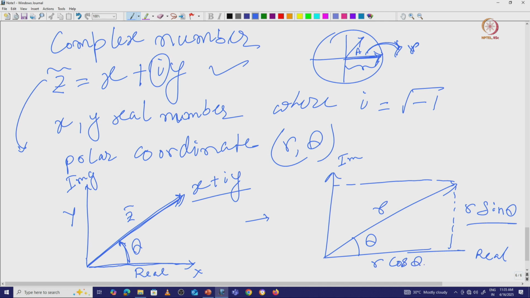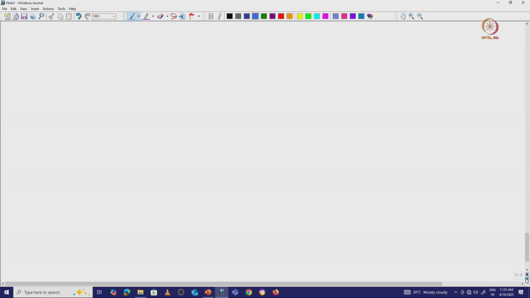Again, the y axis is the imaginary line and the x axis is the real coordinate. Now, if we go to the next page, how do we represent x minus iy? It is better to draw this coordinate again: this is our imaginary line and this is our real.